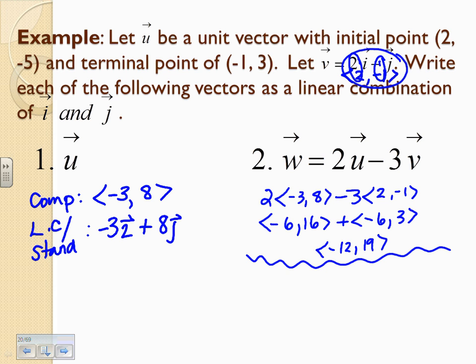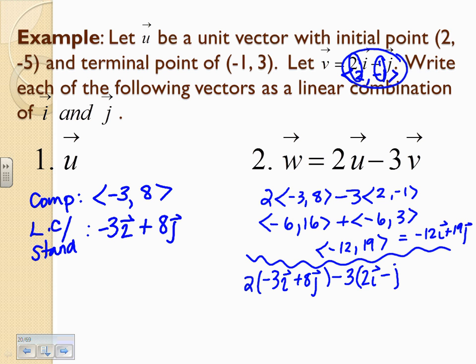That's linear combination. If you like just working in linear combinations, great. 2 times (negative 3i plus 8j) minus 3 times (2i minus j). Now it's just an Algebra 1 problem of combining like terms.